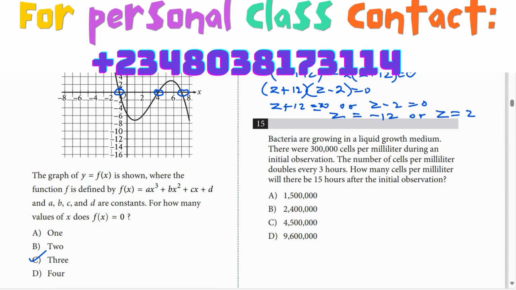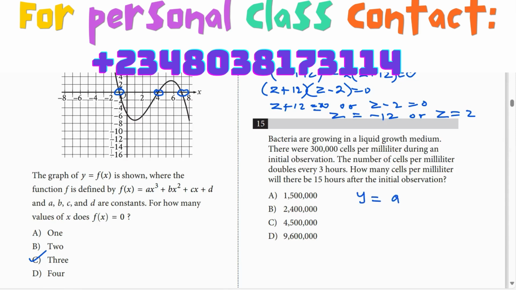So here, bacteria are growing in a liquid growth medium. There were 300,000 cells per milliliter during an initial observation. The number of cells per milliliter doubles every 3 hours. How many cells per milliliter will there be 15 hours after the initial observation? So this is talking about bacterial growth.